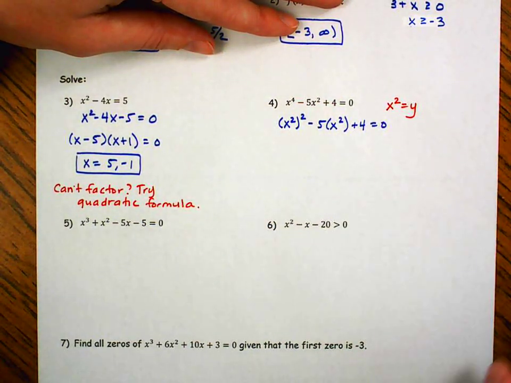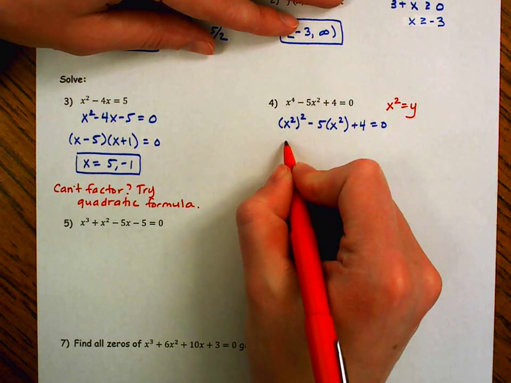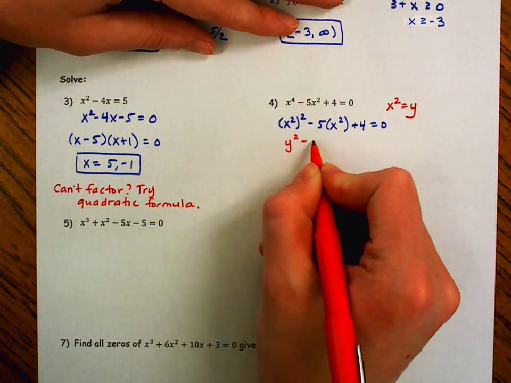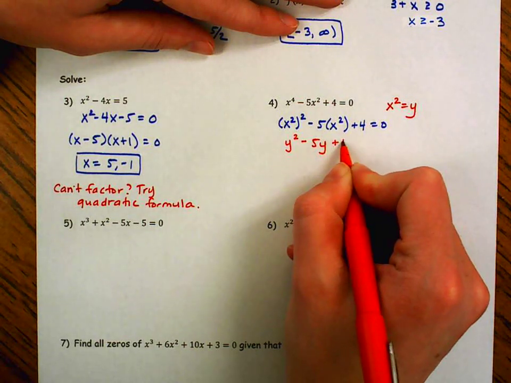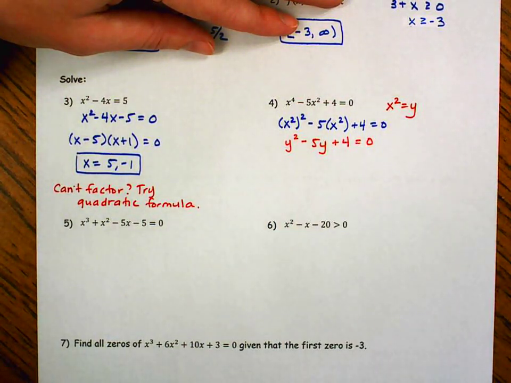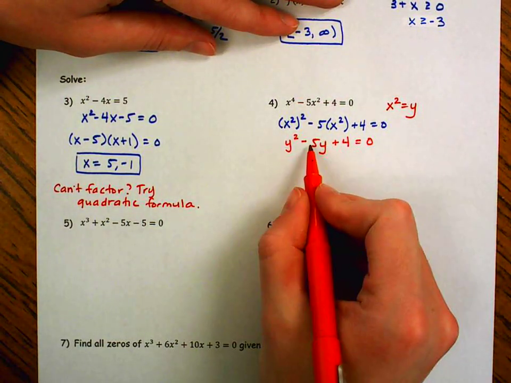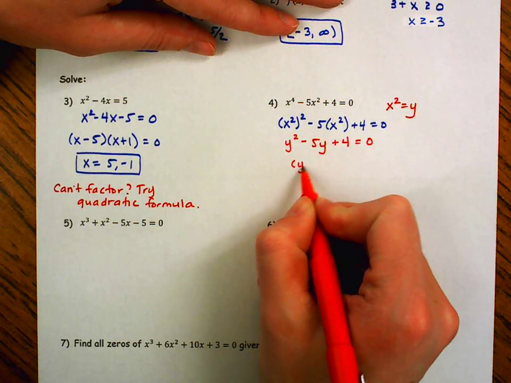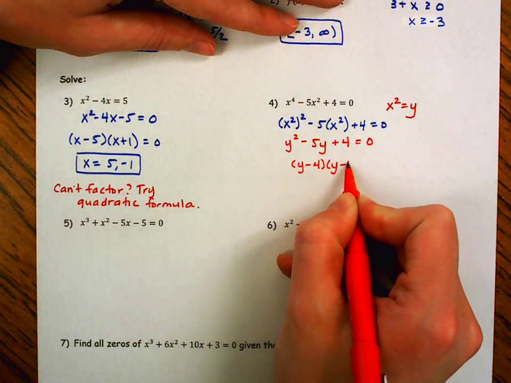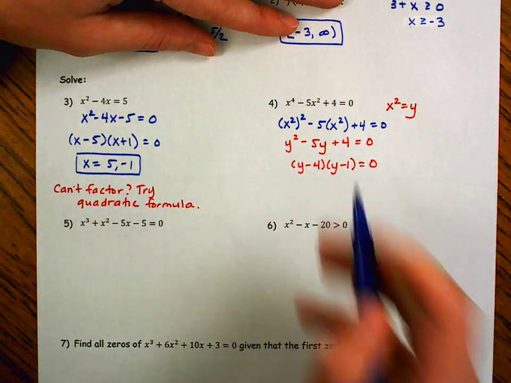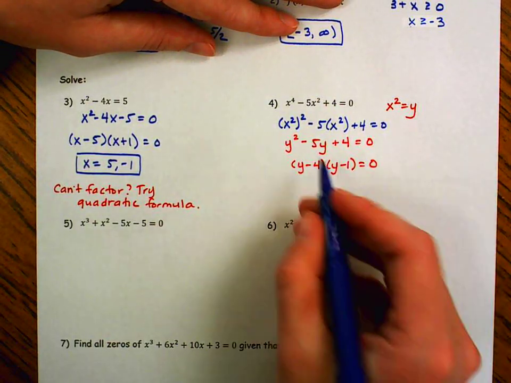So if I want to, I can rewrite this now. I'm saying anytime I see an x squared, I'm going to put a y. And this is easier to factor. I need two things that multiply to a +4 but add to a -5. So I'm going to do a -4 and a -1. So really what I have, remember, y was standing in the place for x squared.